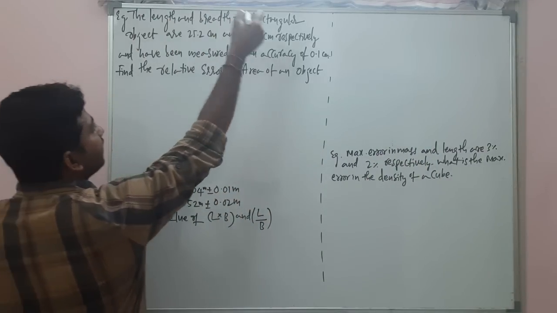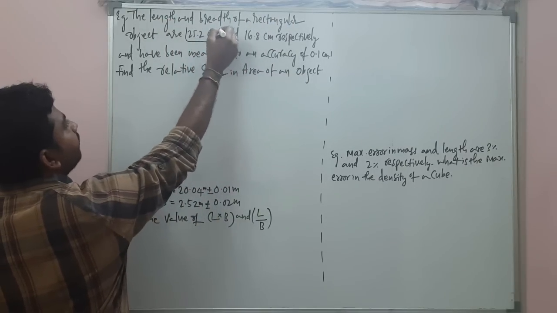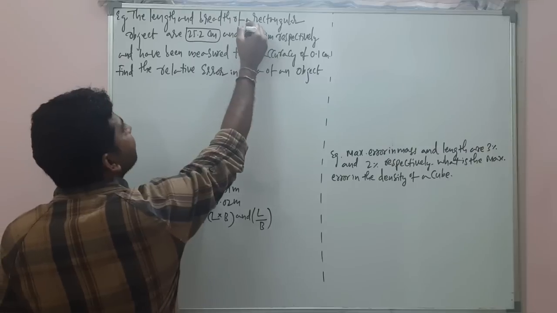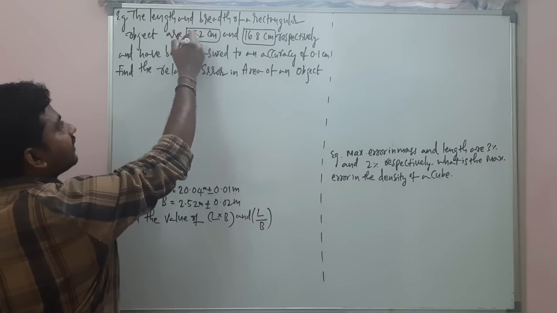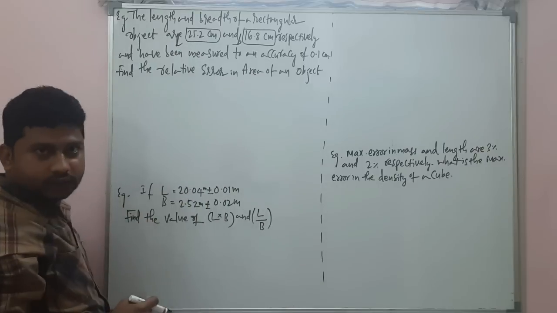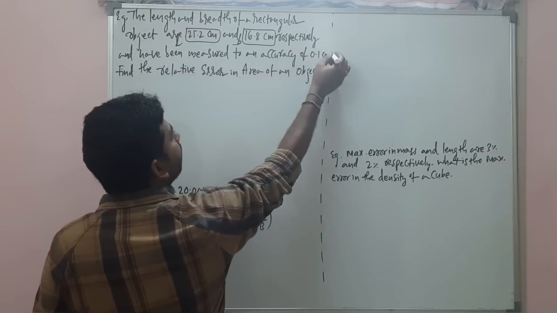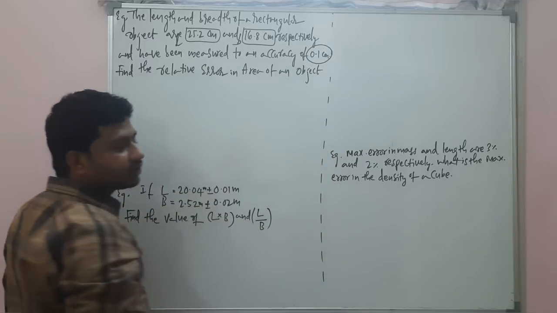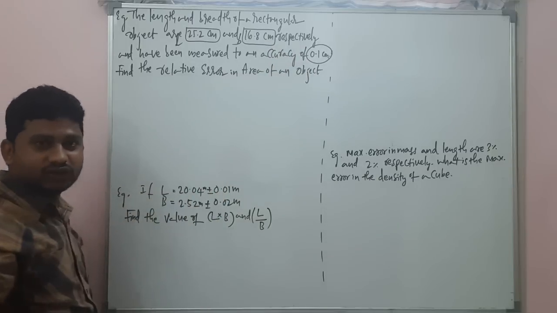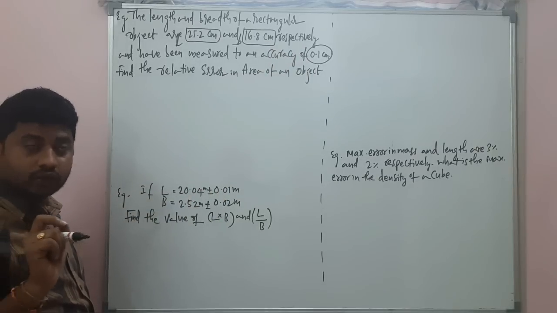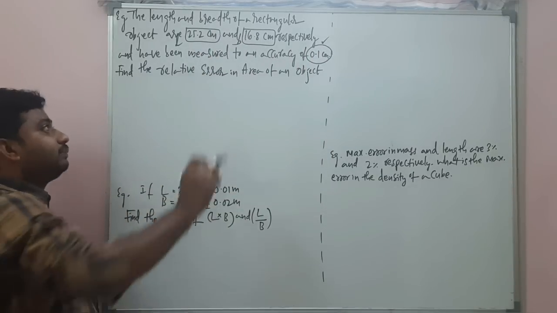Number one, the length and breadth of a rectangular object are 25.2 centimeter and 16.8 centimeter, and have been measured to an accuracy of 0.1 centimeter. Both length and breadth are measured to this accuracy. So that means in length there will be an error of this much, and in breadth also.